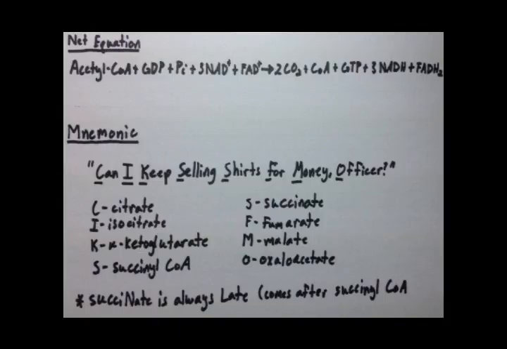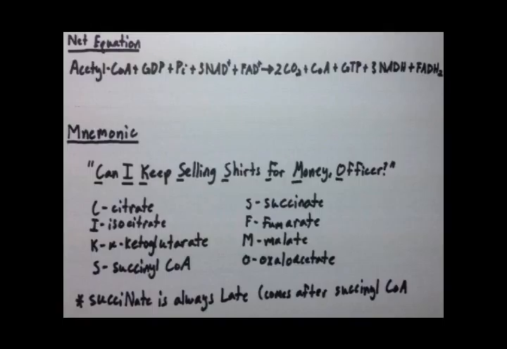So your C in "can" stands for citrate, your I stands for isocitrate, your K in "keep" stands for alpha-ketoglutarate, your S in "selling" stands for succinyl CoA, your S in "shirts" stands for succinate, your F in "for" stands for fumarate, your M in "money" stands for malate, and your O in "officer" stands for oxaloacetate.